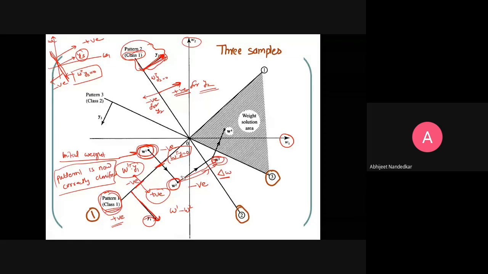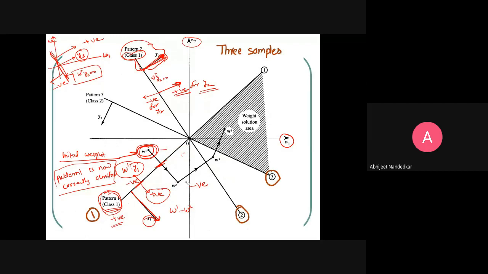Now if you put your weight at w3 position, what will happen is your y2 sample is now correctly classified. So this position y2 is now classified correctly. What will happen to your y1 sample?